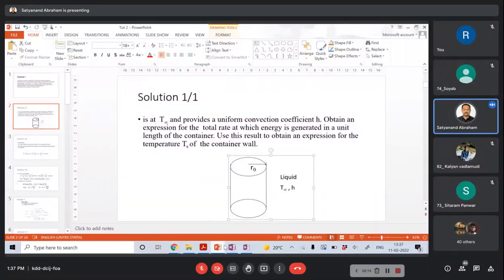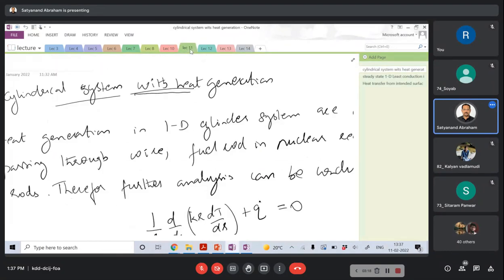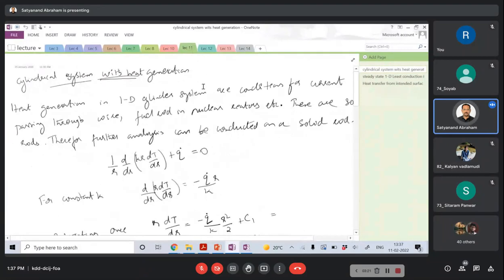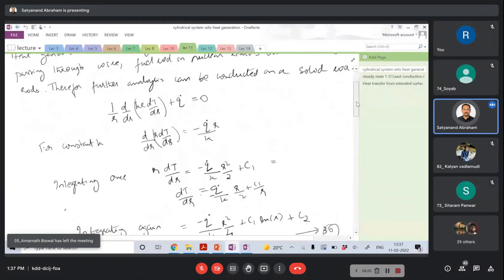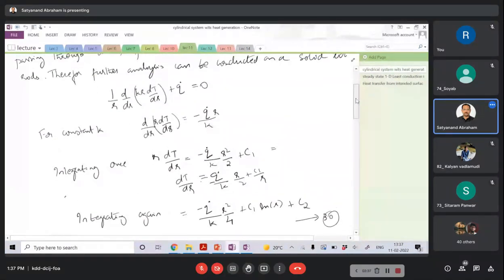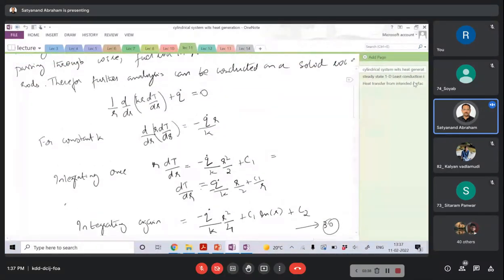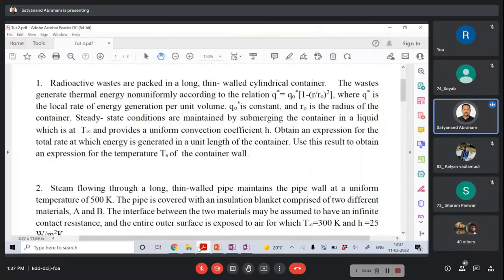But if you remember, we derived our equation for cylindrical systems with heat generation. Here you can see that this is our basic governing equation, and we integrated it and got our temperature profiles and all those things. Can we use the same equation over here? The second question is to find the temperature on the surface.